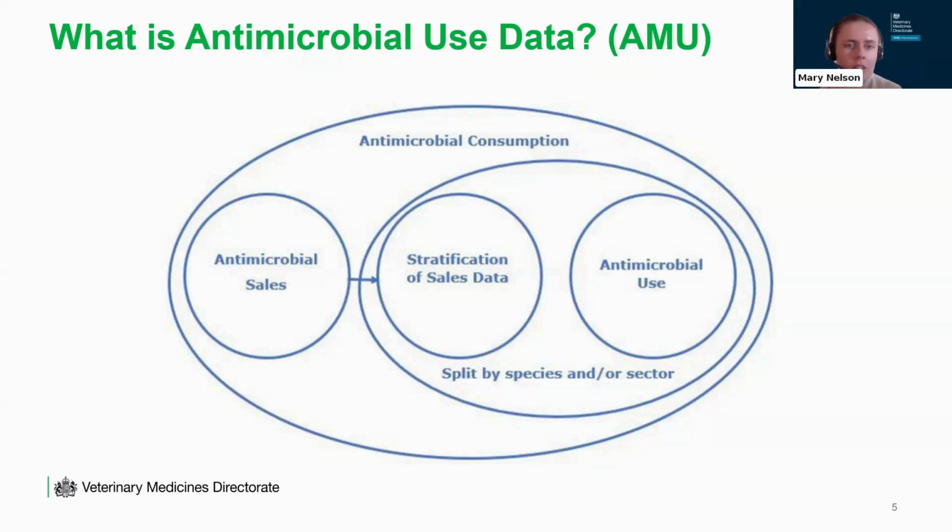Stratified sales data is an estimation of the antimicrobial sales per animal species or production sector, based on an approximate allocation of a proportion of the total sales of products to each species, and that's commonly reported or estimated by the pharmaceutical company or sponsor.